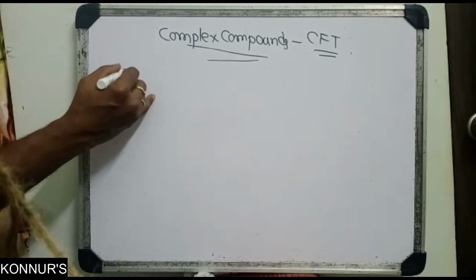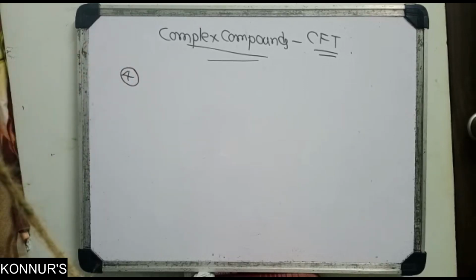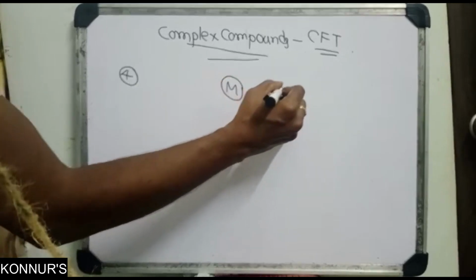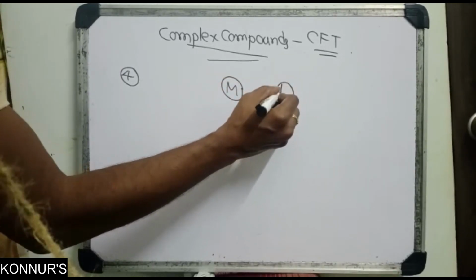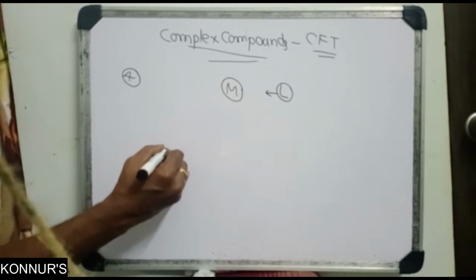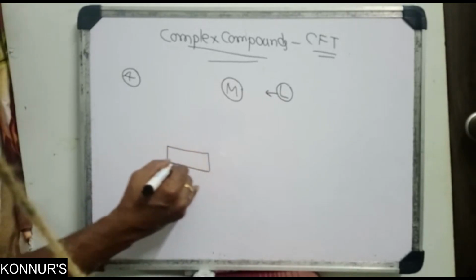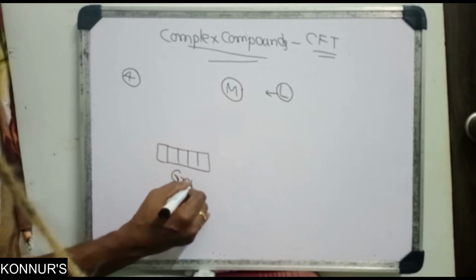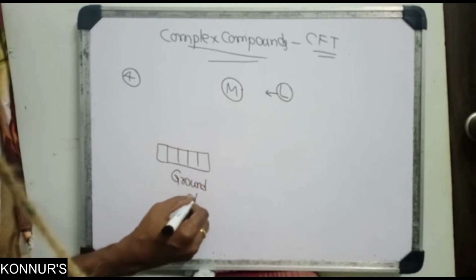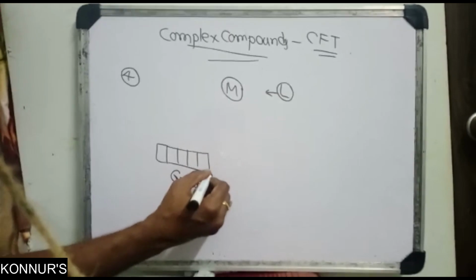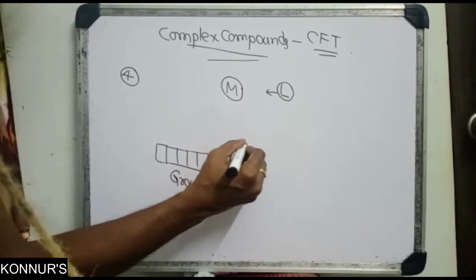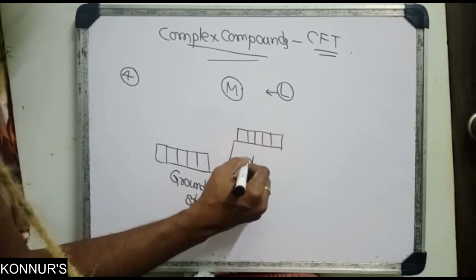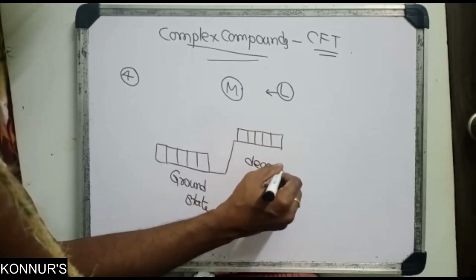Next, fourth point. See, you take the metal, and the ligands are coming close to the metal. So then what happens? The d orbital is present in the ground state. If ligands are coming, it is excited, and you get a degenerate level.